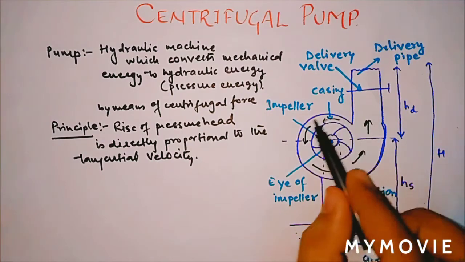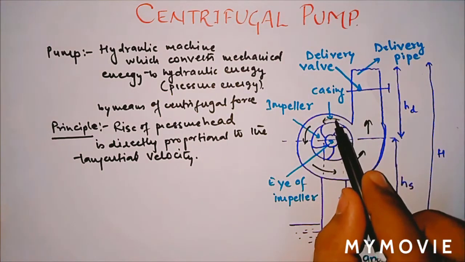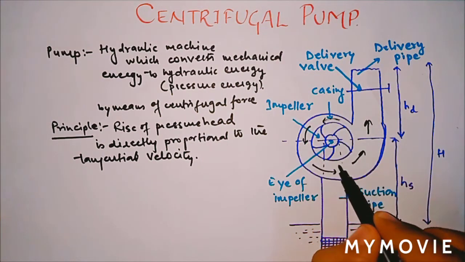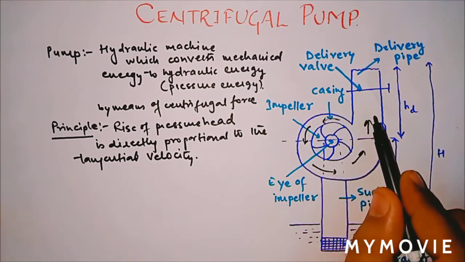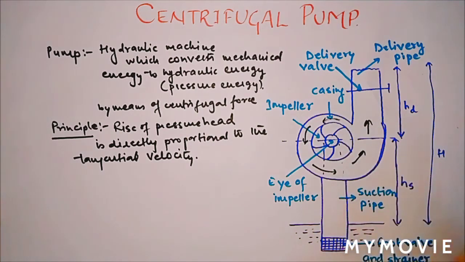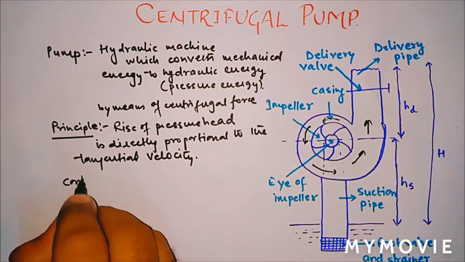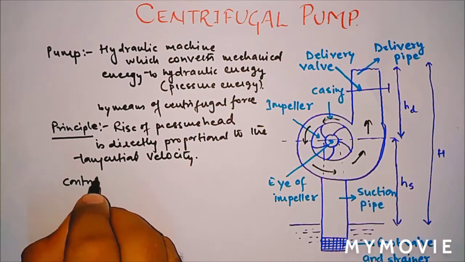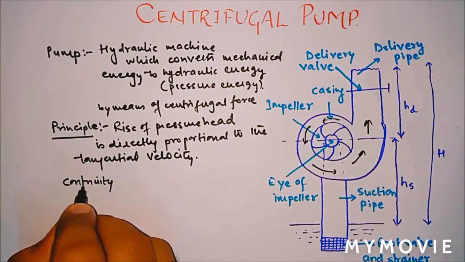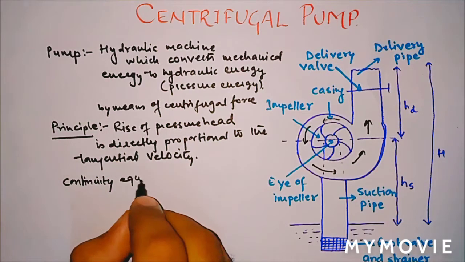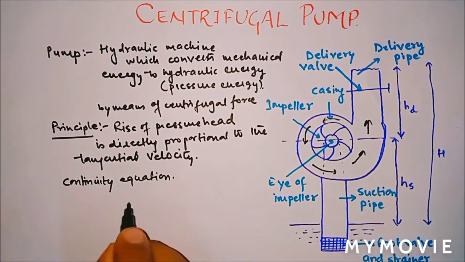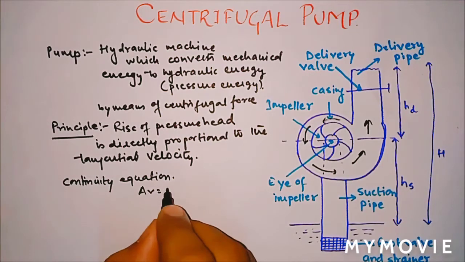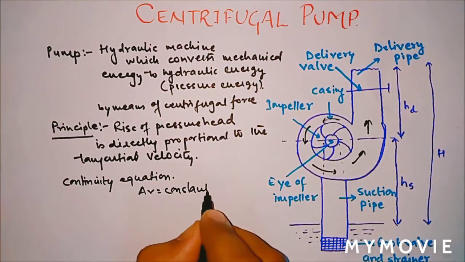As this is rotated, the kinetic energy that the water is gaining is converted into pressure energy. Now let's see how it is converted. We have studied the continuity equation, which says AV is equal to constant.